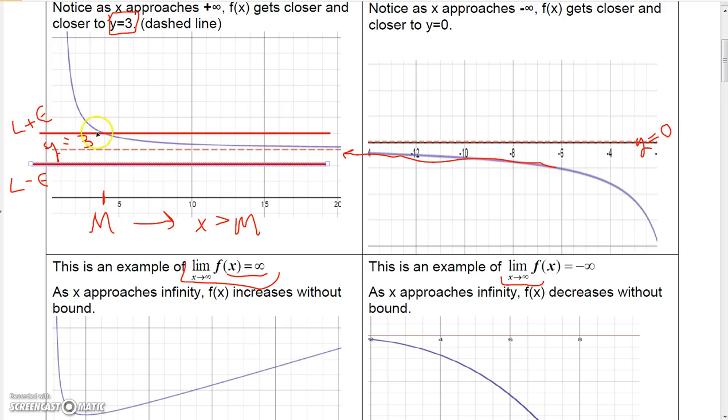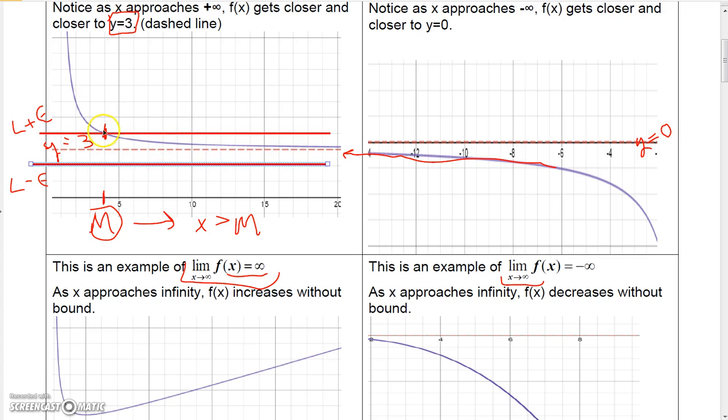Well, it says that if you were to choose that epsilon, there's some number m, and that number m would be right here, because right here is where that graph crosses this and gets inside this epsilon band, in between L plus epsilon and L minus epsilon.